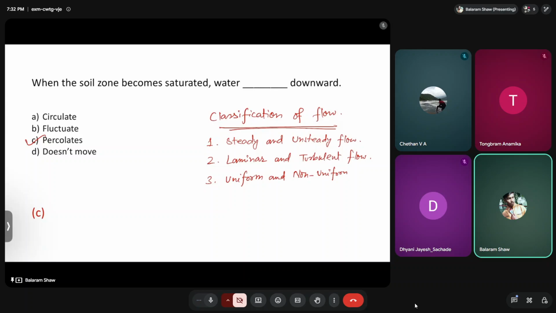Then we have rotational and irrotational flow, which depends on the vorticity. We'll discuss these flows, and then a little part of Darcy's law also in the next class. Till now, in week 3 lectures, do you have any questions or doubts in the week 2 lecture assignment questions?